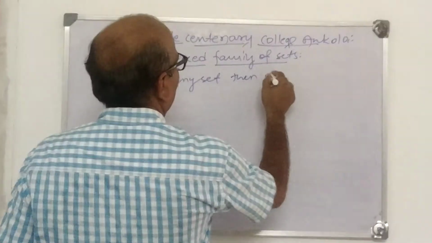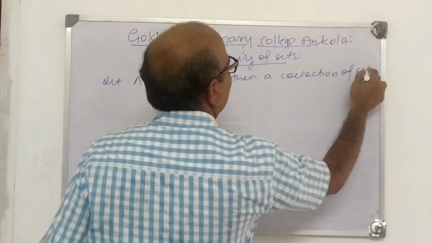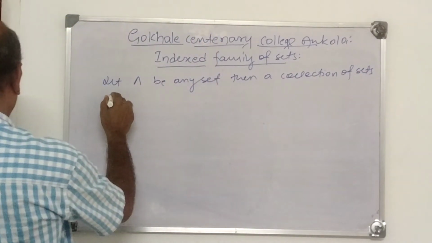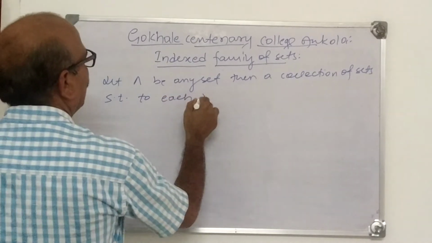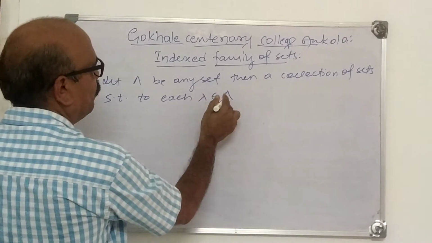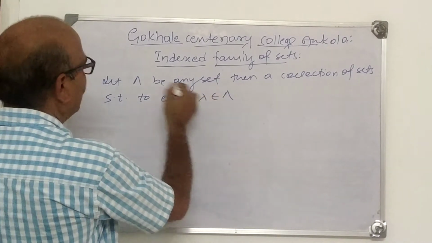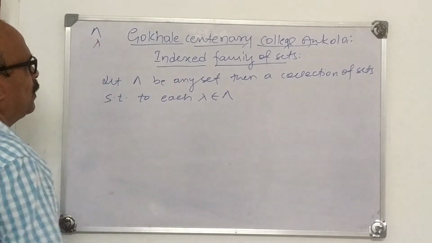Let capital lambda be any set. Then a collection of sets such that to each lambda belongs to capital lambda. This is the lower case and this is the upper case; these are Greek letters. This is capital lambda, upper case, and this is small lambda.